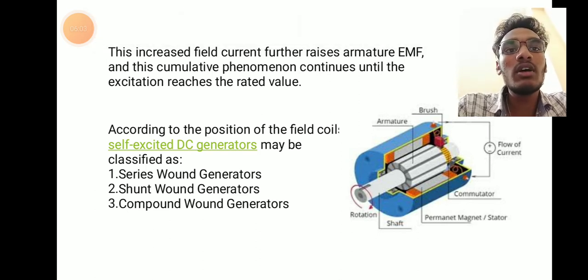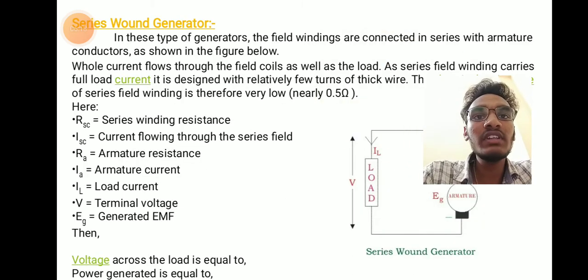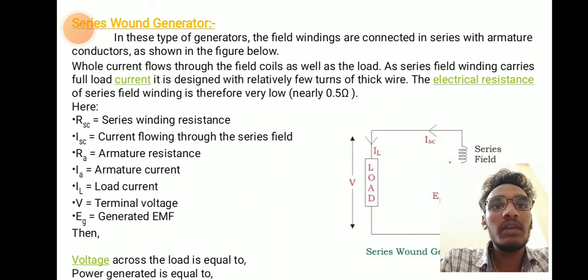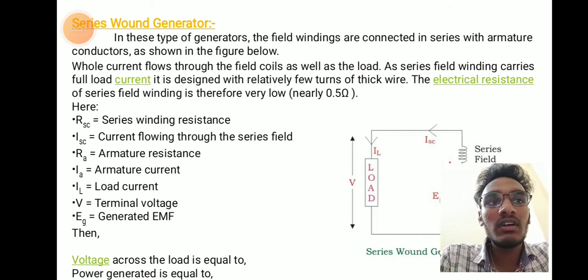According to the position of the field coil, self-excited DC generators may be classified as series wound generators, shunt wound generators, and compound wound generators. Series wound generator. In these types of generator, the field windings are connected in series with the armature conductors as shown in the figure below.